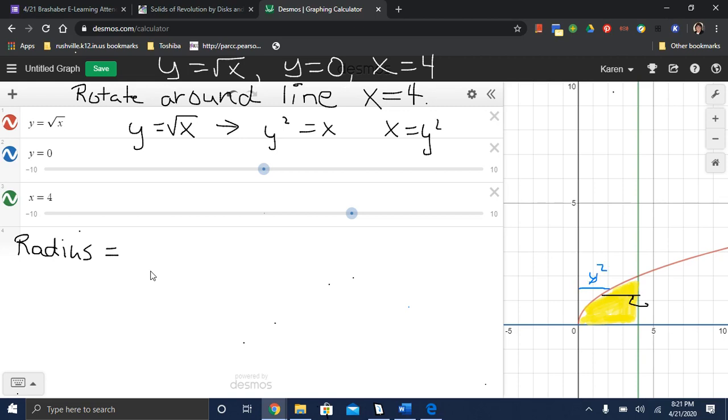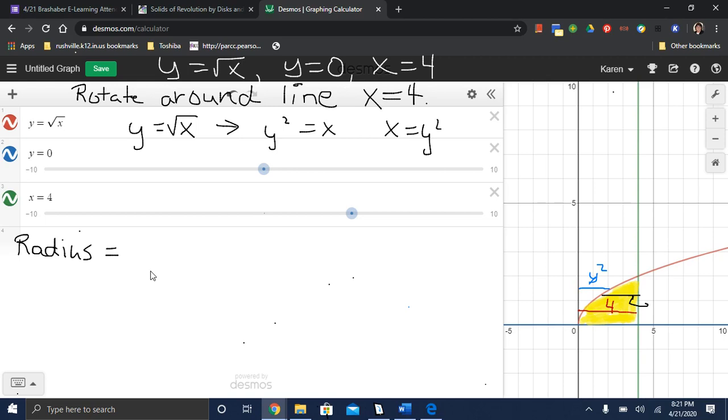And likewise, if I wanted to describe from the y-axis all the way over to the vertical line, that would be 4, because our vertical line is at x equals 4.